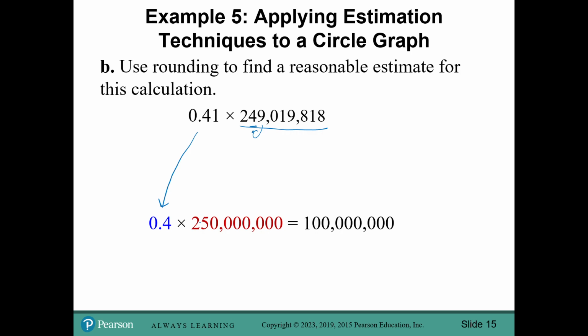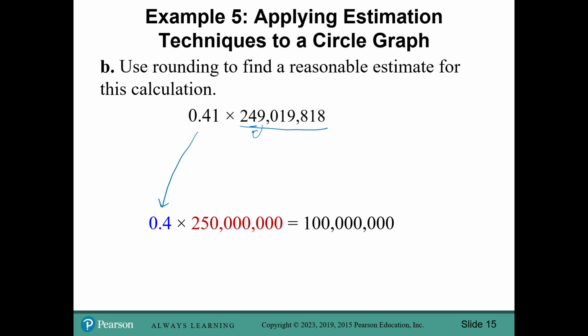Okay, now what we could see by this is it's really easy to multiply 4 times 25, whereas multiplying 41 times 249,019,818 is reasonably difficult to do in your head. But this multiplication here, 4 times 25, can easily be seen to be 100.